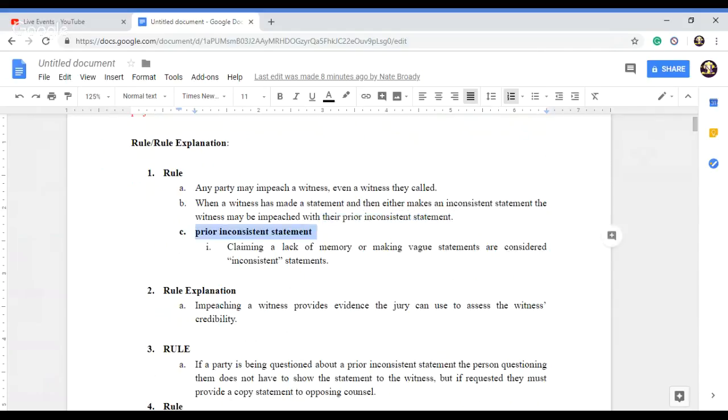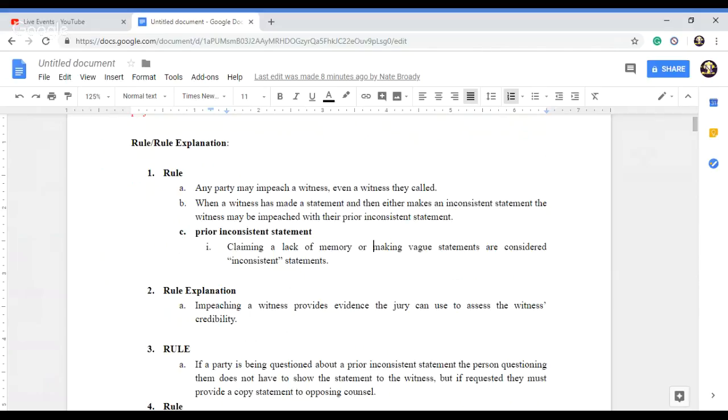Now, prior inconsistent statement wasn't here. This is something I added, because here is the definition of prior inconsistent statement: claiming lack of memory or making vague statements are considered inconsistent statements. So in that first little paragraph, the professor has done a couple of things.